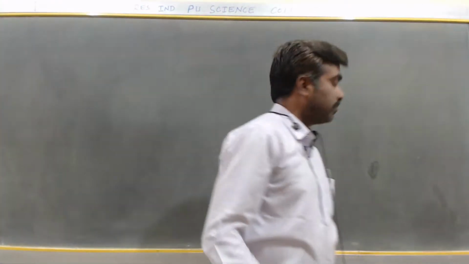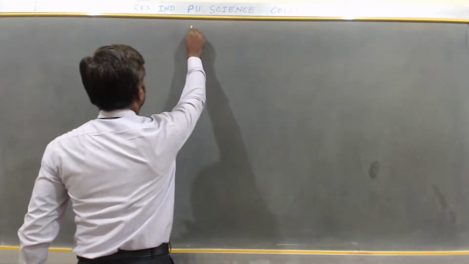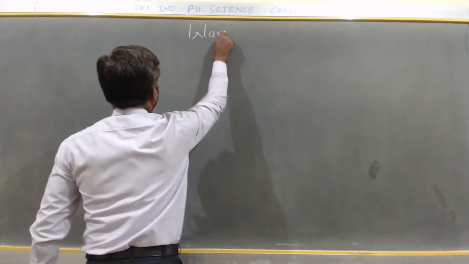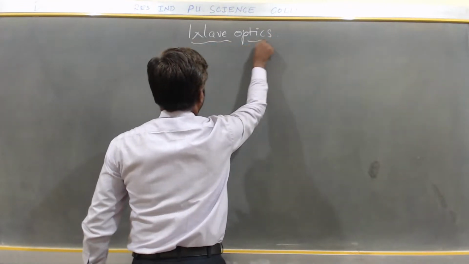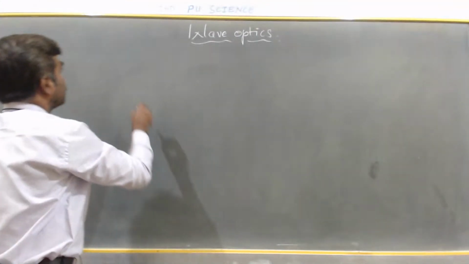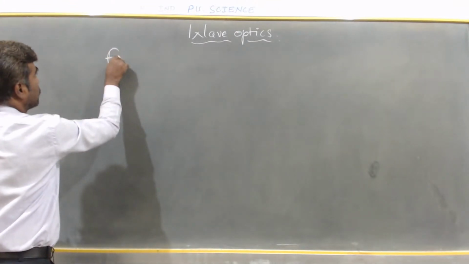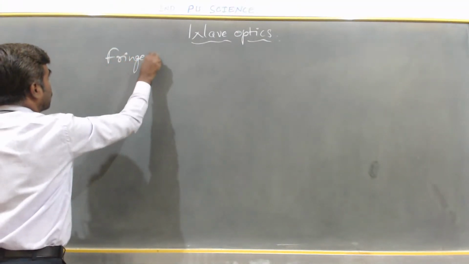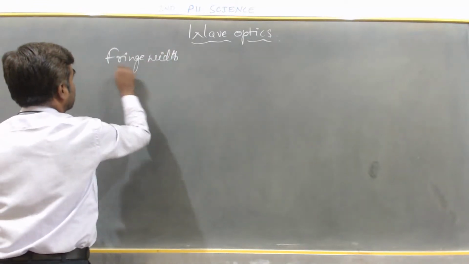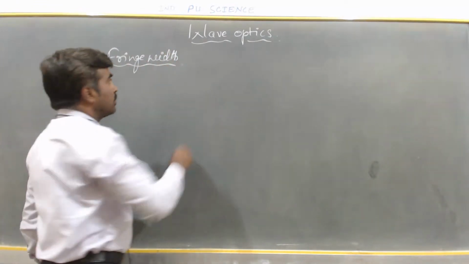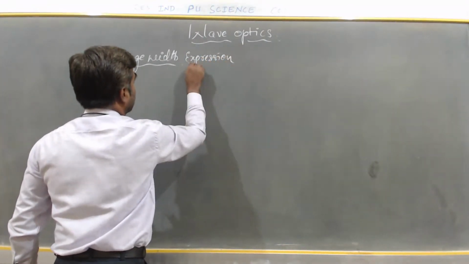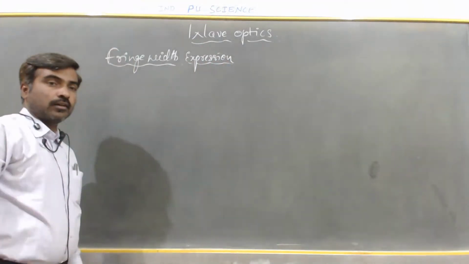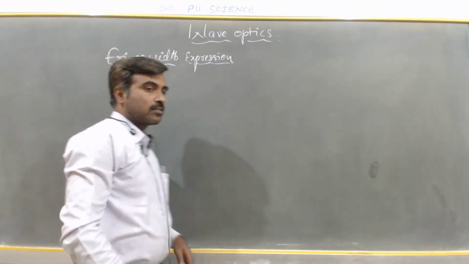Hello students, we'll continue the previous class where we are discussing the fringe width expression, based on Young's double slit concept.